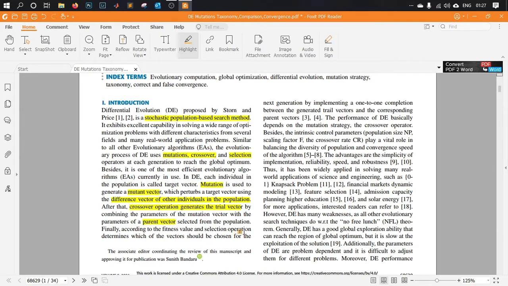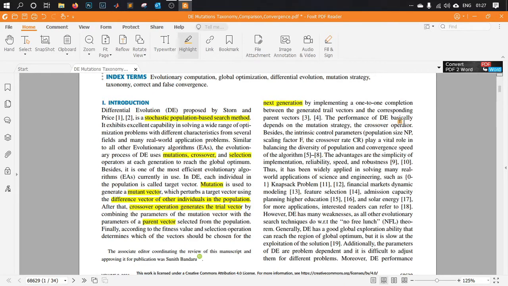Finally, according to the fitness value, a selection operation determines which of the vectors should be chosen for the next generation. So here we can see that they are doing a generation by generation evolution of a population. A population contains many individual vectors which are perturbed and modified to make them a better vector.